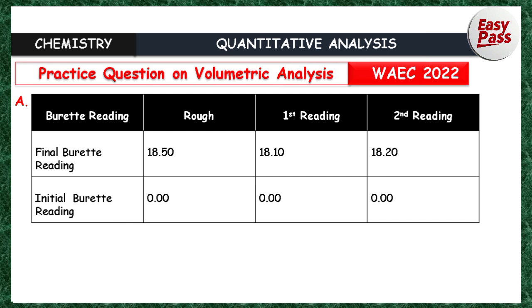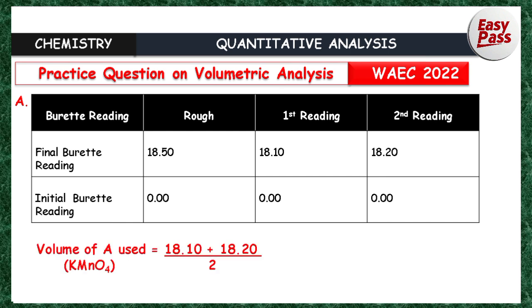So to calculate the average volume of A used, where A is KMnO4: volume of A used equals 80.10 plus 80.20, divided by 2.